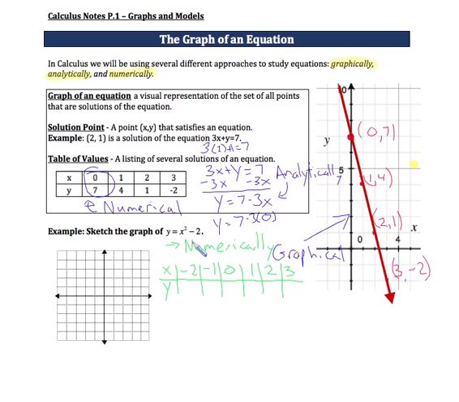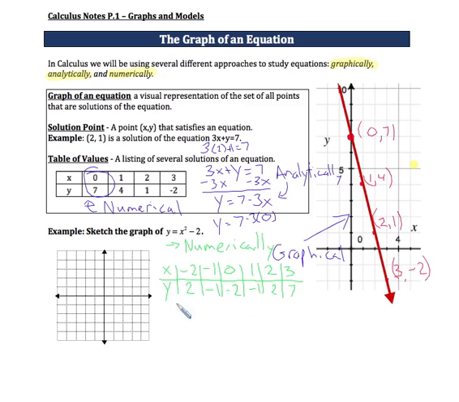You can do this in your head. -2 squared is 4, minus 2 is 2. -1 squared is 1, minus 2 is -1. Here we have 0, and 0 squared minus 2 is -2. Then 1 squared minus 2 is -1. 2 squared minus 2 is 2. And then 3 squared minus 2 is 9 minus 2, which is 7.